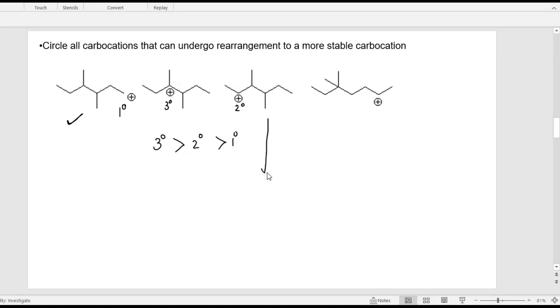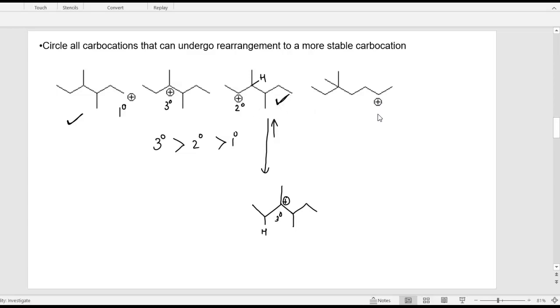This can rearrange to where this hydrogen shifts to this position, leaving room for the carbocation to move here, going from a secondary to a tertiary. So this is a case where you can do rearrangement.